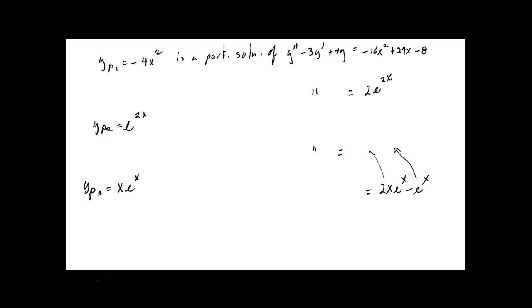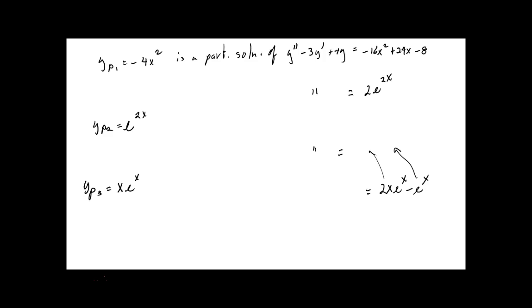This one is e to the 2x, and that was minus 4x squared. Okay? Now, all those had the same left-hand side with just different right-hand sides. And these are the solutions that make the right-hand sides true, the particular solutions.